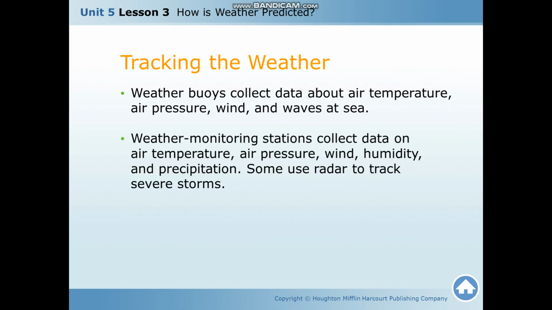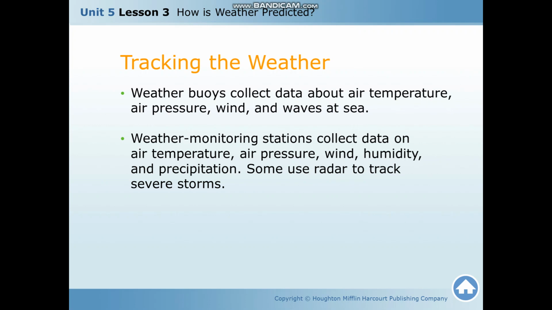Next one is the weather monitoring stations. What do these monitoring stations do? They collect data on air temperature, air pressure, wind, humidity, and precipitation. So just a review, when we say humidity, what do we mean by that?